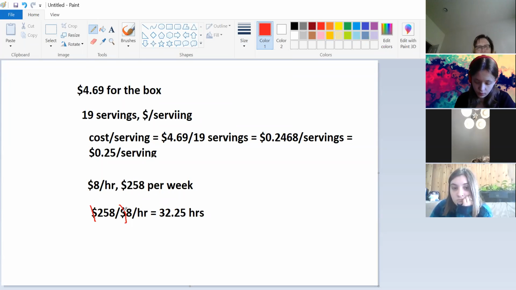The hour's on the bottom, so it's this over 1 over hour, so the hour flips on top, so you end up with hours, okay? That's how you know that you would take the 258 and divide by 8, because you can cancel out those dollar signs. Okay? That makes sense? Okay? That's what you have to do.